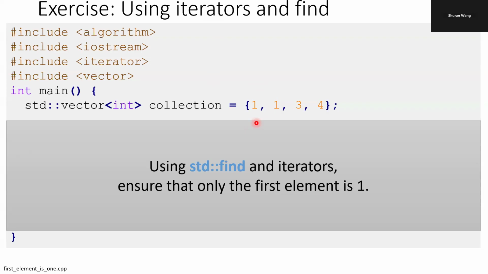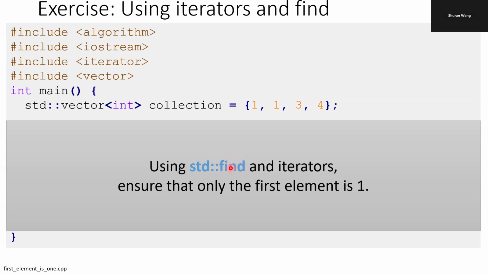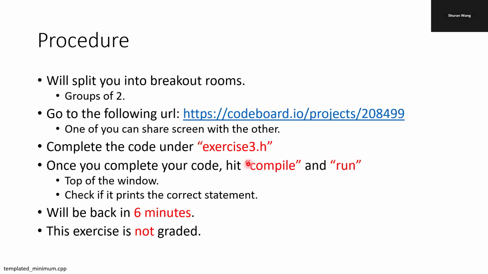The other one is, are there ones in any of the other elements? If there is, then we return false. So we check if the first element is 1, then we check if the remaining elements contain any ones. And we use the find function and iterators.